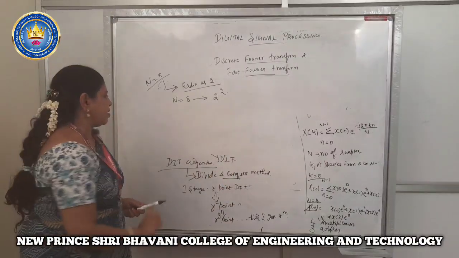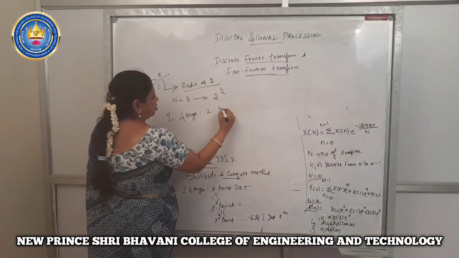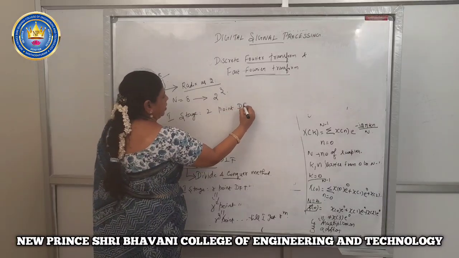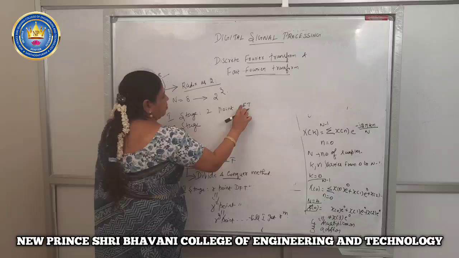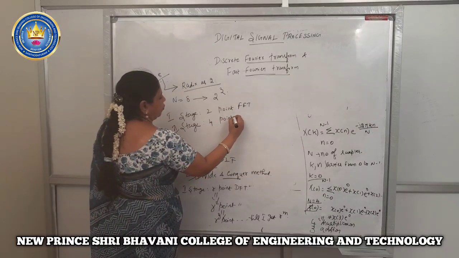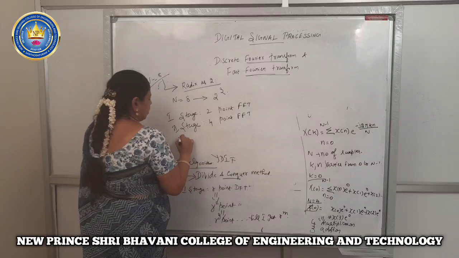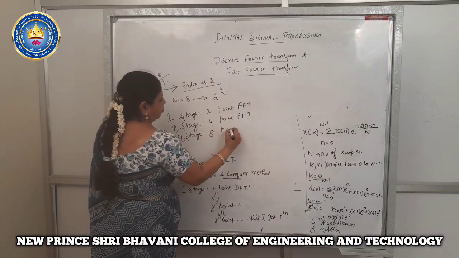So the first stage is 2 point DFT, here I can represent it as 2 point FFT, the second stage will be 4 point FFT, then the third stage will be 8 point.